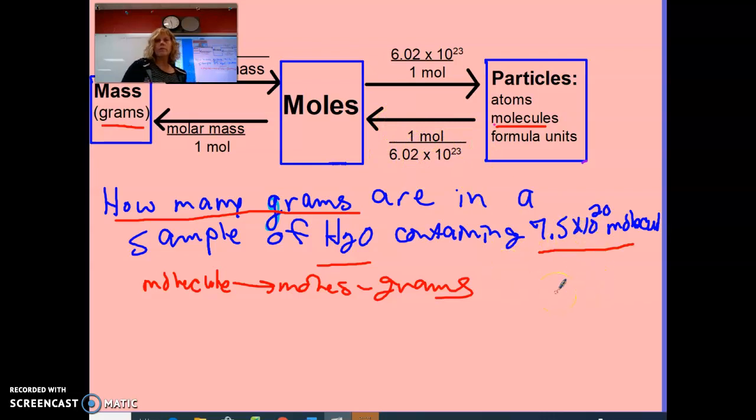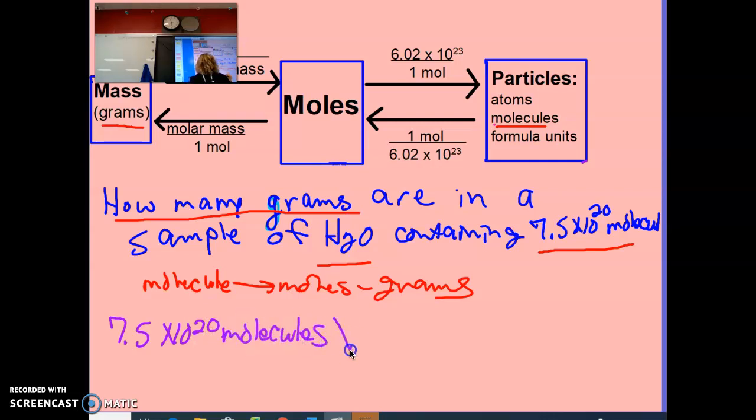So I'm starting with 7.5 times 10 to the 20th. And I do know that I'm going to have 2 conversion factors because I have 1 conversion factor here and another conversion factor here.